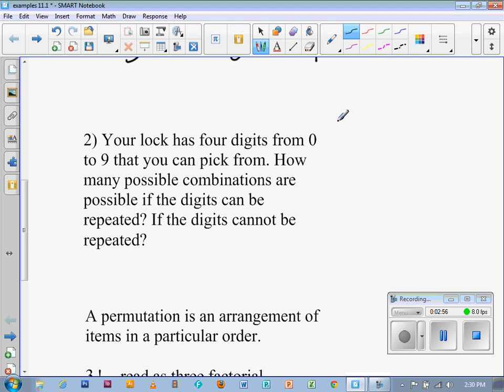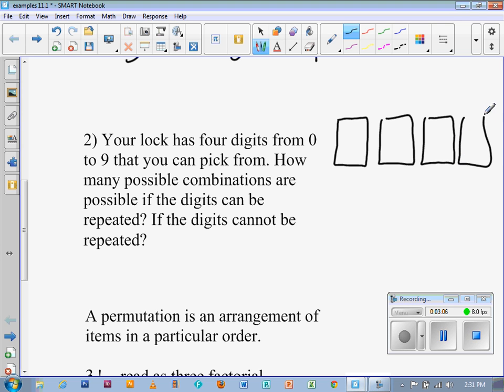So what we have here is a lock that has the digits from 0 to 9 on each. I'll just put little windows here to help us represent each one of these. We're looking for all the possible combinations that we can acquire here. The first question we have to ask ourselves is: how many different digits can I select from if I can pick from 0 to 9? Well, that gives us a total of 10 digits for each.